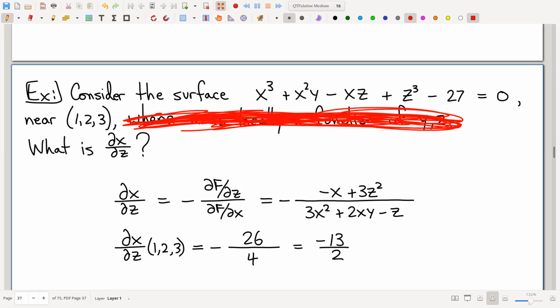You're going to have some surface. By the way, this applies on exams, and this also applies in real life. When you're in some future engineering class, you're going to have some equation that describes whatever situation you're looking at, and you're going to be interested in, hey, wait a second, when I change one of the variables in that equation, how does that affect this other variable?